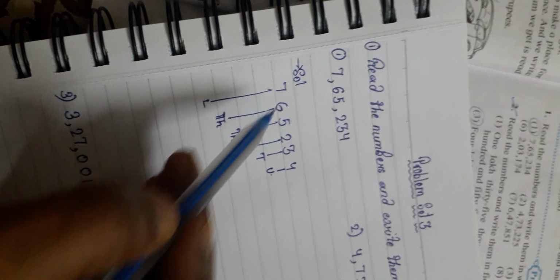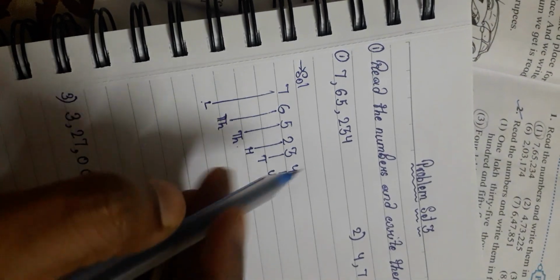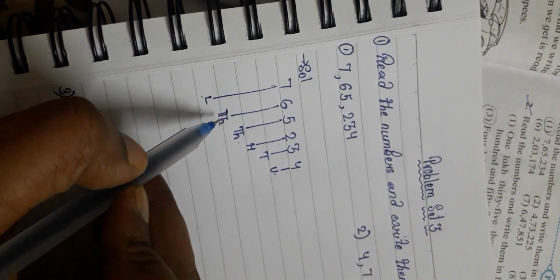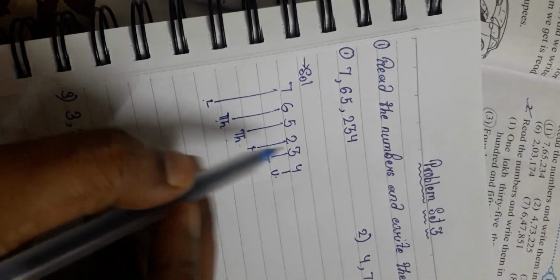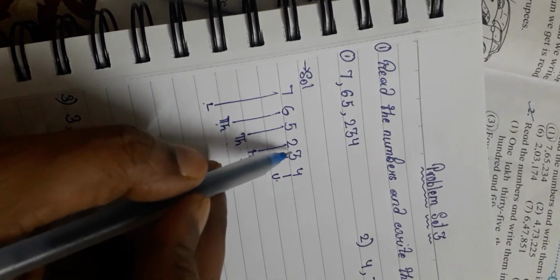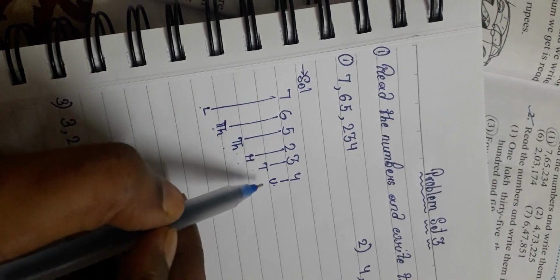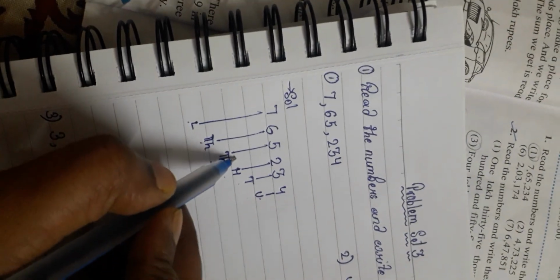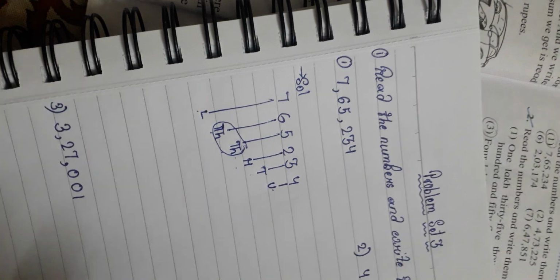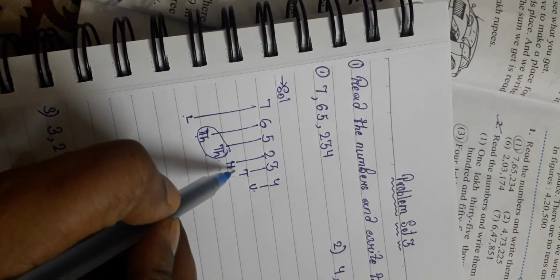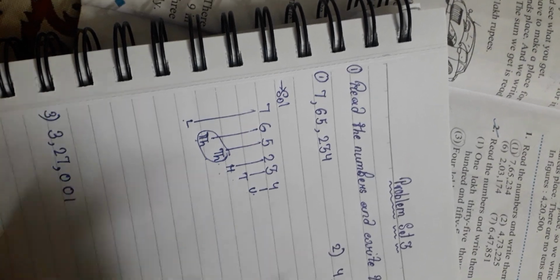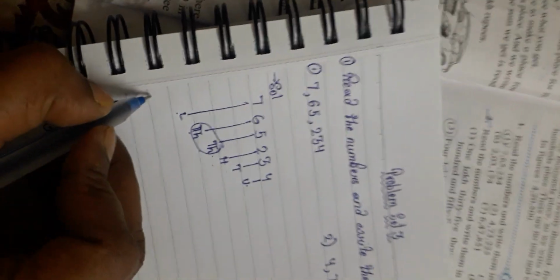Now we have given the place value, and we are going to write in words. How to write? You can see here. 7 is in lakh position, 6 is in 10,000 place, 5 is in 1000 place, 2 is in 100 place, 3 is in tens place, and 4 is in unit place. So how to read this?